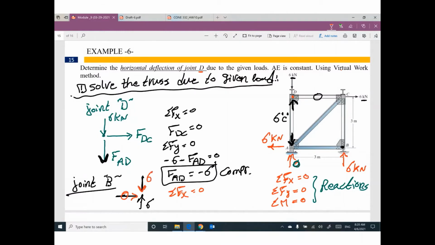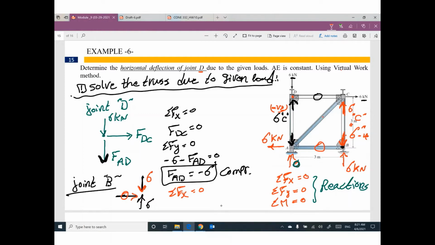How much? 6. So this one will be compression 6 and compression here 6. Remember, compression means negative. And this one is 0.